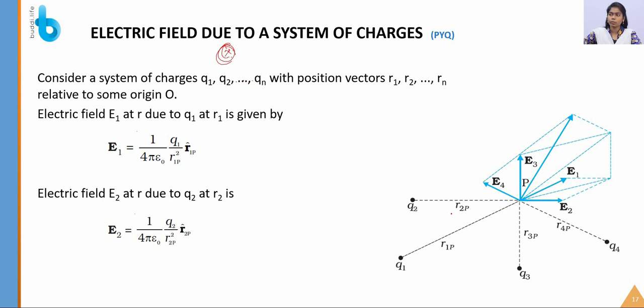Here the charges Q1, Q2, Q3 and Q4 are present. So there are 4 charges present in the system, right?